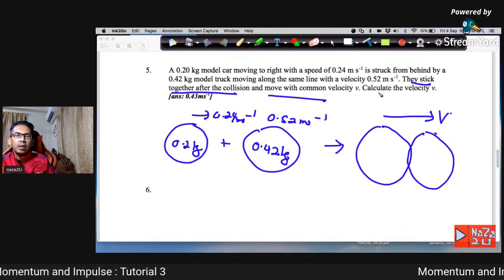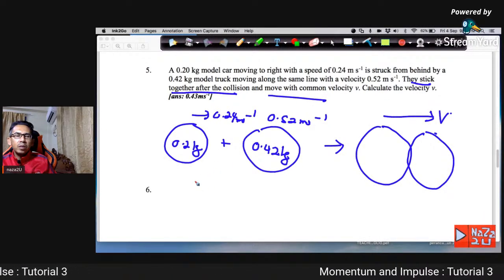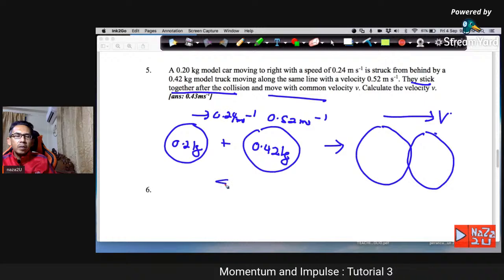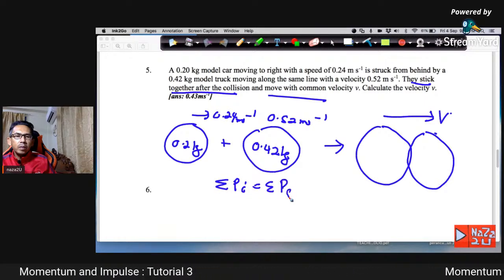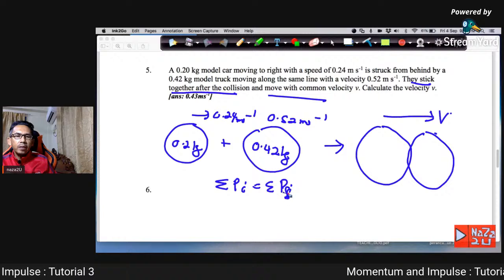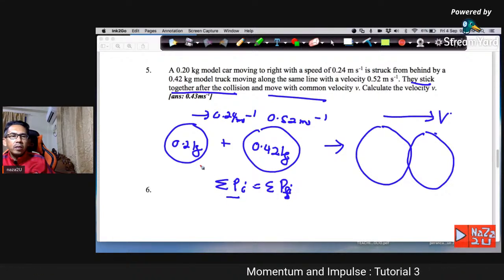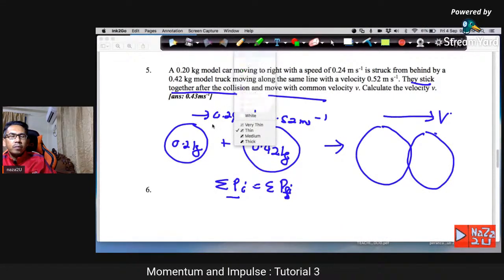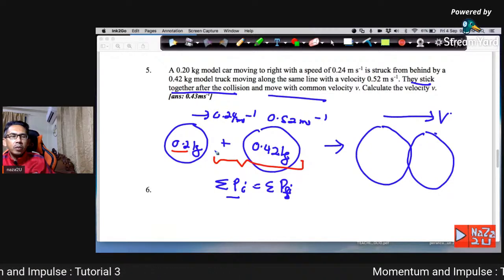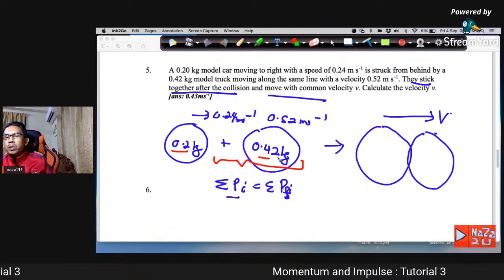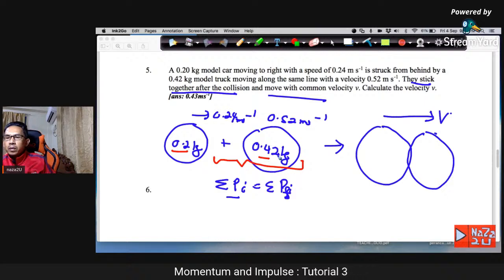Okay, calculate velocity v. So you can start with the total momentum before is equal to total momentum after. Total momentum before comes from the object 0.2 kilogram and the object 0.42 kilogram.